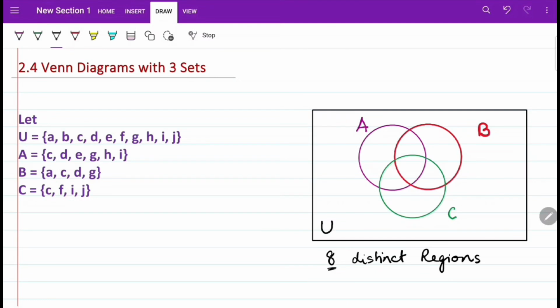So the way we go about numbering the regions is start from the top and move from the left to the right, and then go down the next level and then the bottom level.